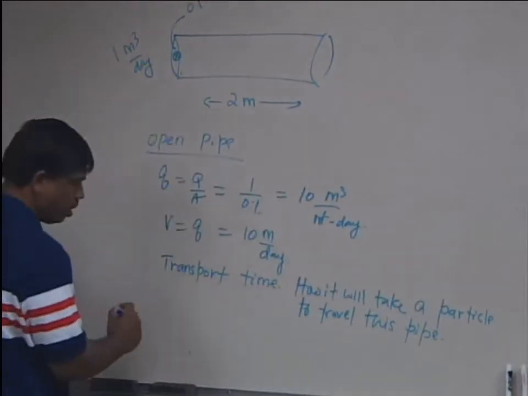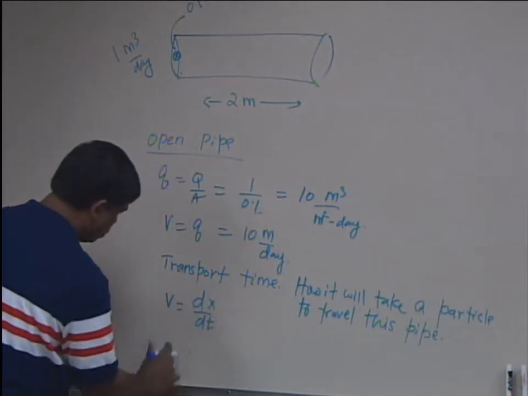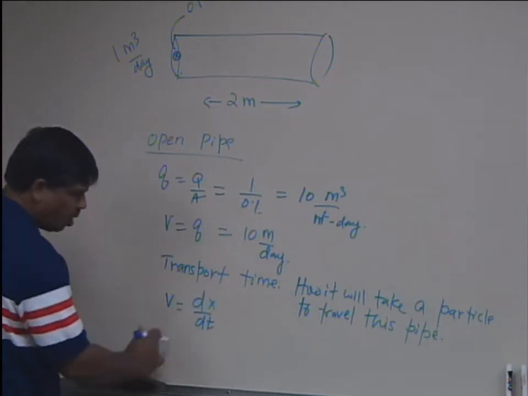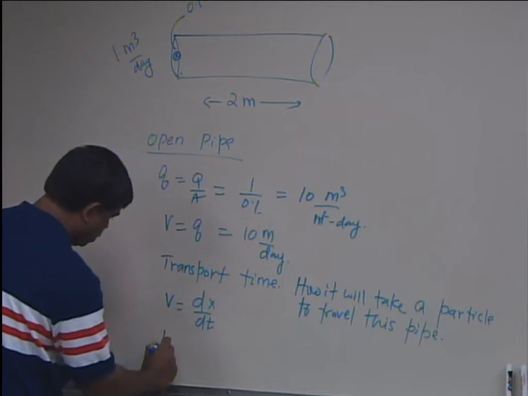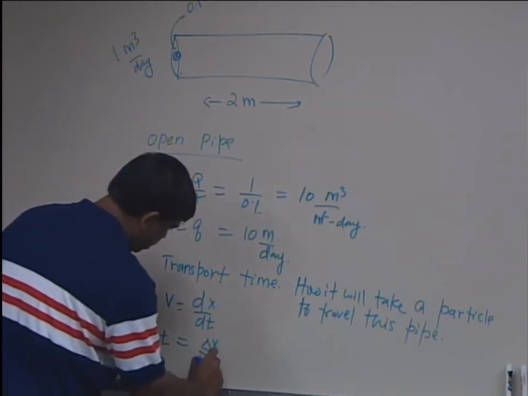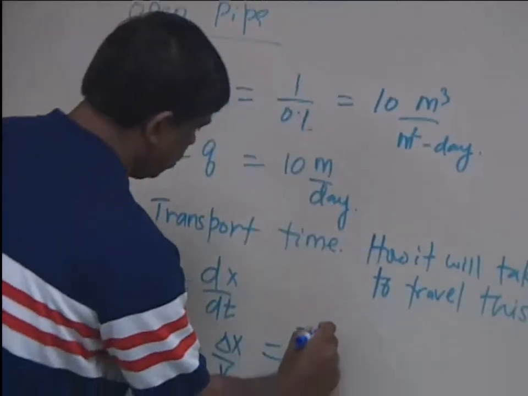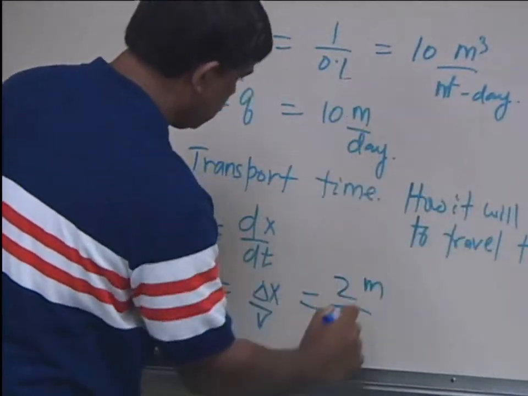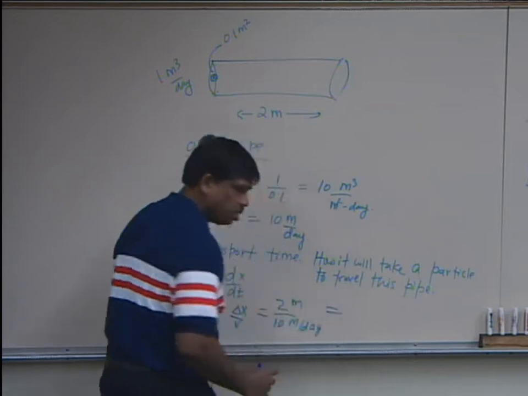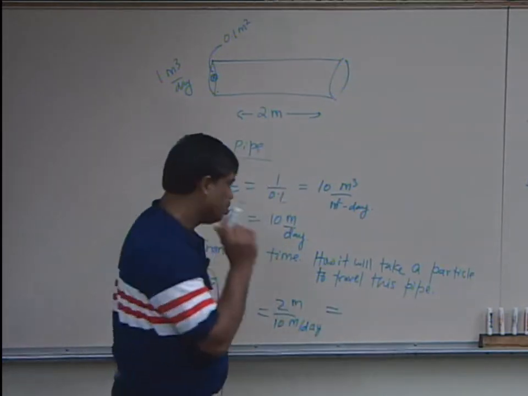Well, V is equal to dx by dt, or x by t. So t is equal to delta x by V, which is equal to 2 meters divided by 10 meters per day, which is equal to what? 0.5? 2 divided by 10? No, 0.2.